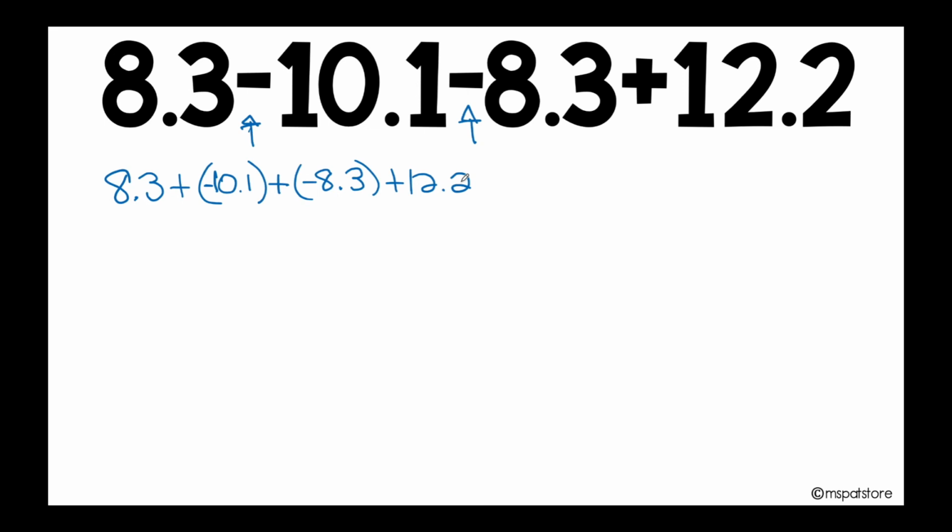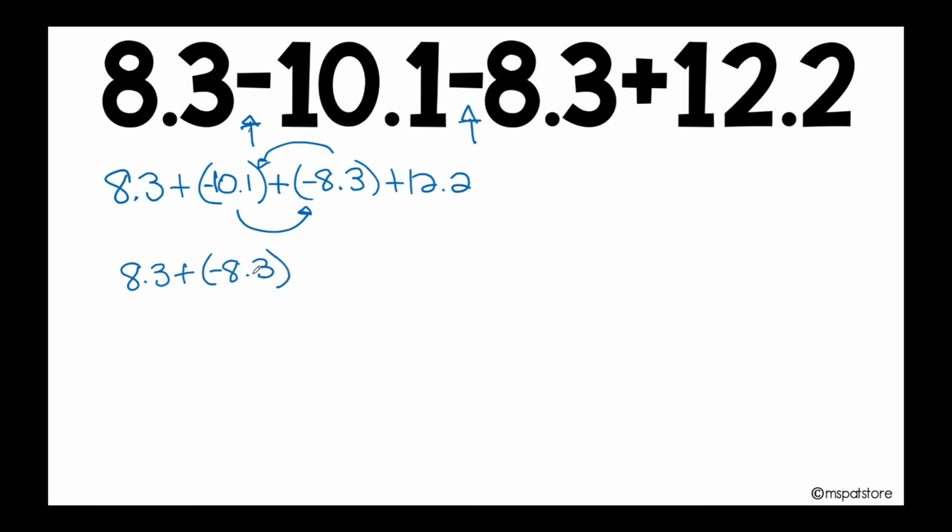Now I am going to use the commutative property of addition to switch these two in order. So I can have positive 8 and 3/10 and negative 8 and 3/10 together. Remember that when you add its opposite to the same number, your answer will be 0.